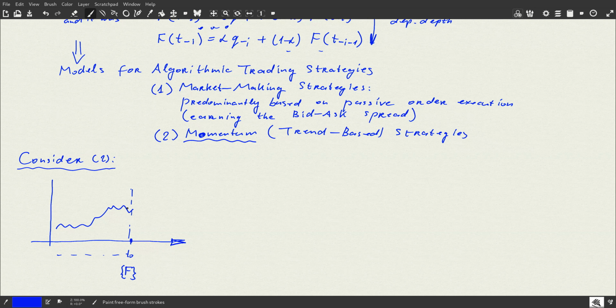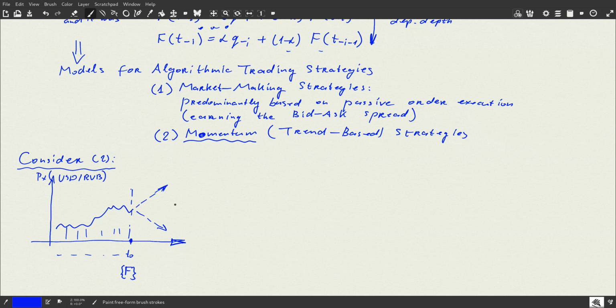So using all this information available up to time t0 in the momentum strategy, you make a prediction about the future price movement. So this is, for example, USD ruble price. So you make a prediction whether it is going to move up or down based on your information.